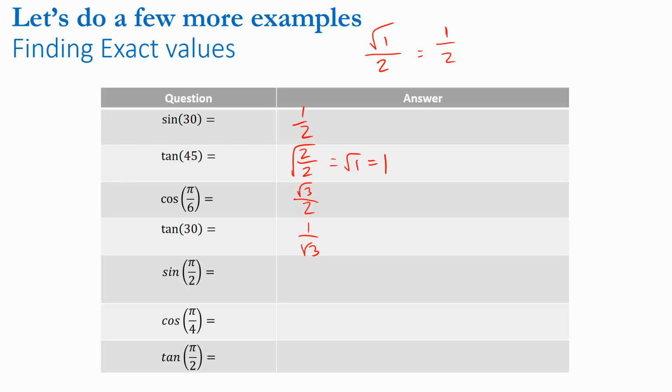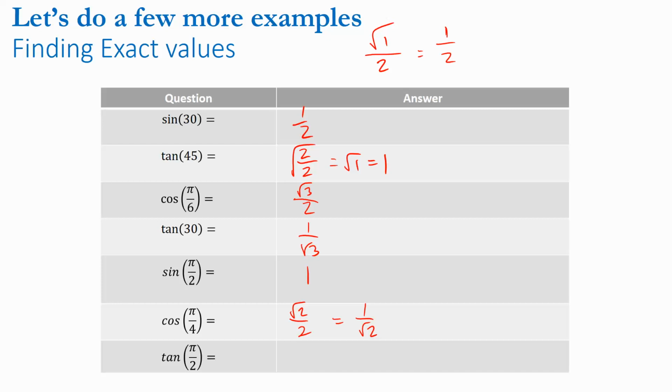Next one, sine of pi on 2. Steph? 1. 1 is correct. Cos of pi on 4. Sion? Good. Root 2 on 2, or in your text, they normally say 1 on root 2. Either way is fine, whether you want to rationalize the denominator.